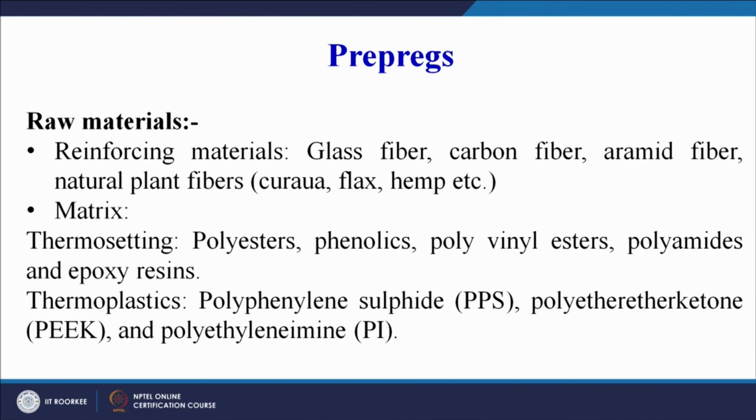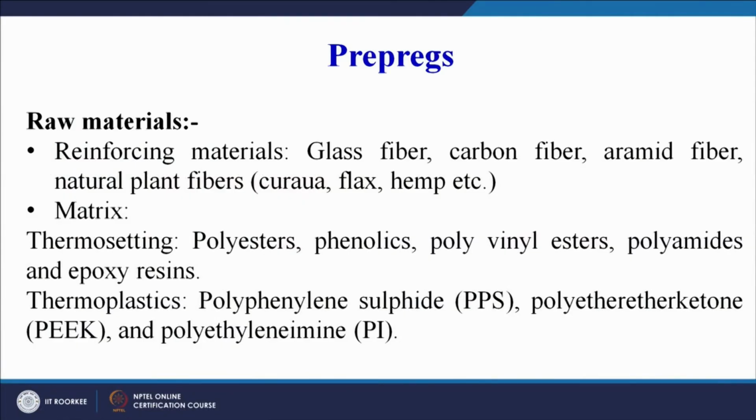Sometimes we can have thermoplastics also, like PPS, polyether ether ketone or polyetherimide. We can use thermoplastics also, but most commonly, in my experience, prepregs are prepared using thermosetting polymers.